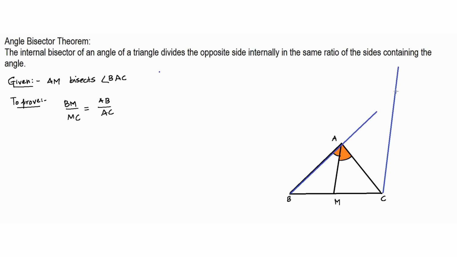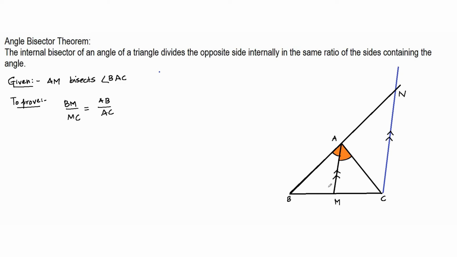So let us extend BA till this particular side, and let us name this particular point of intersection as N, right? So I have drawn two lines which are parallel to each other. And now I have to prove that BM upon MC is equal to AB upon AC.